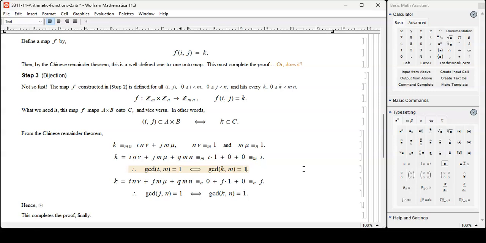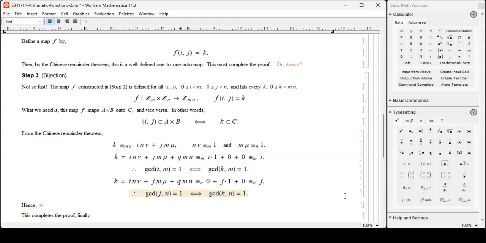GCD of i, m is 1 if and only if GCD of k, m is 1. You see, i and k are the same as far as mod m is concerned. So that conclusion is carried over to GCD. Exactly the same thing for j. So the greatest common divisor of i and m carried over to k and m. Similarly, j and n carried over to k and n.